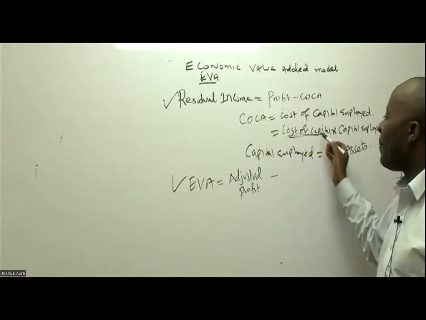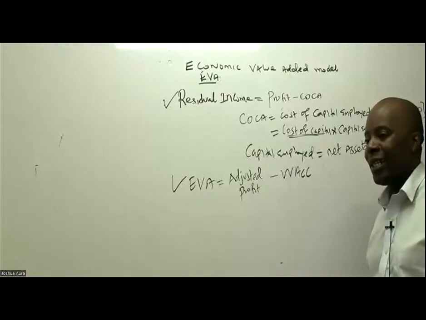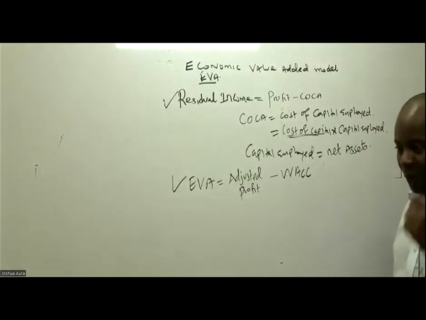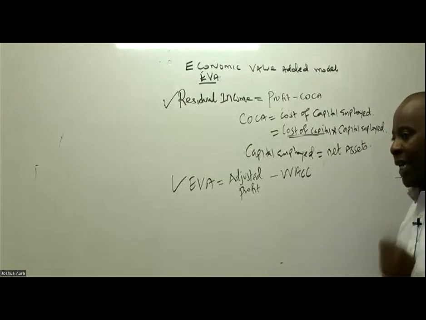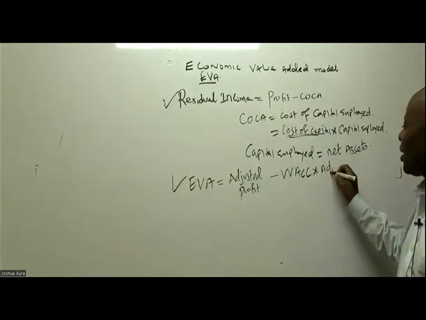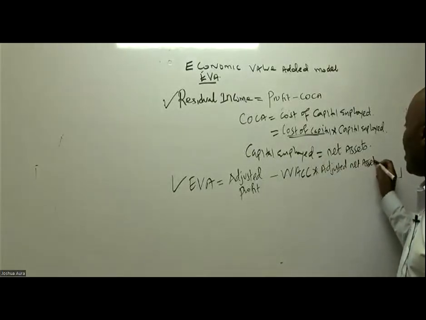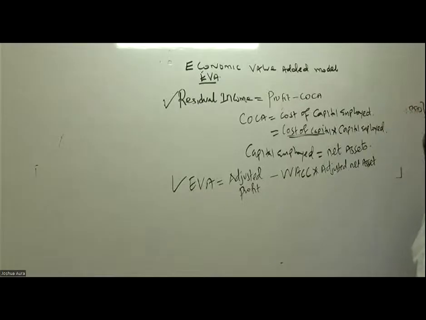Instead of cost of capital, for EVA we prefer using WACC, unless they don't give us WACC.